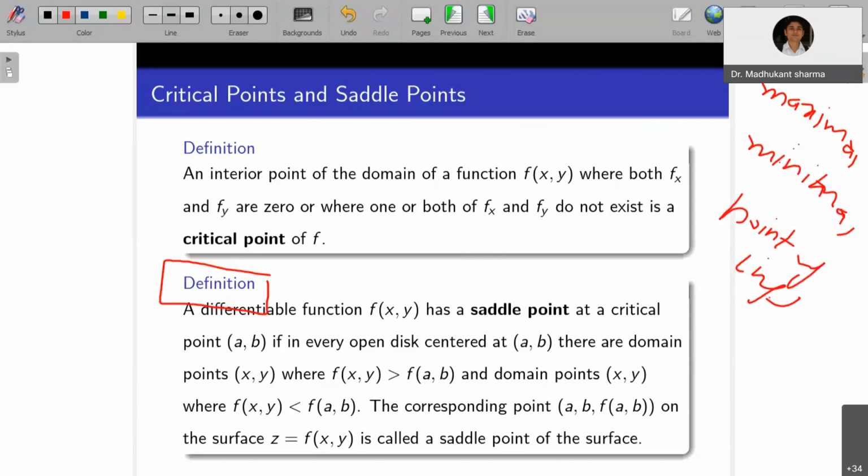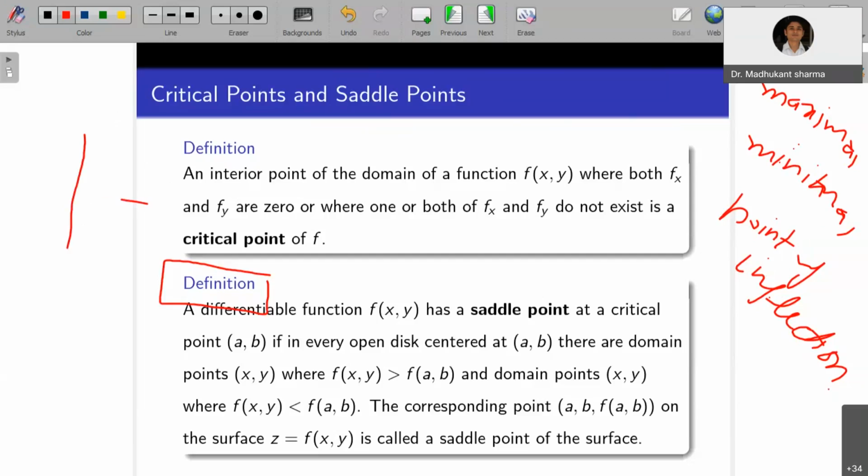It means you are able to identify an interior interval where points on both sides exist. You cannot say whether it lies above or below, whatever disk or open interval you take.